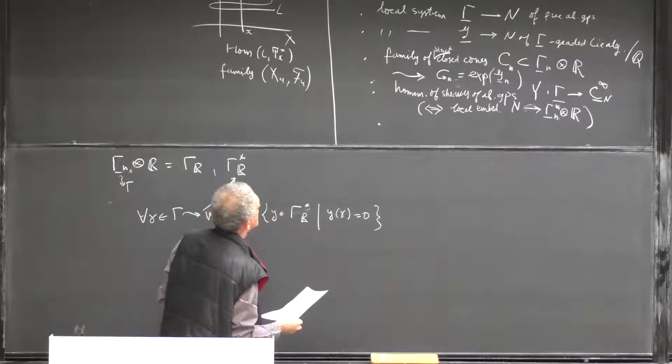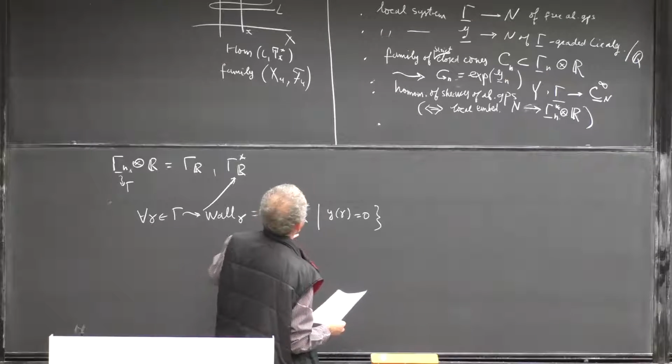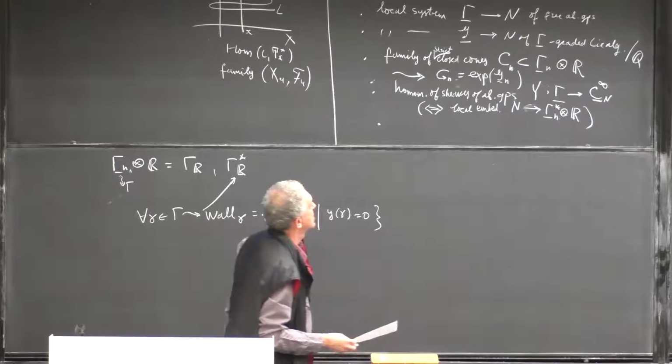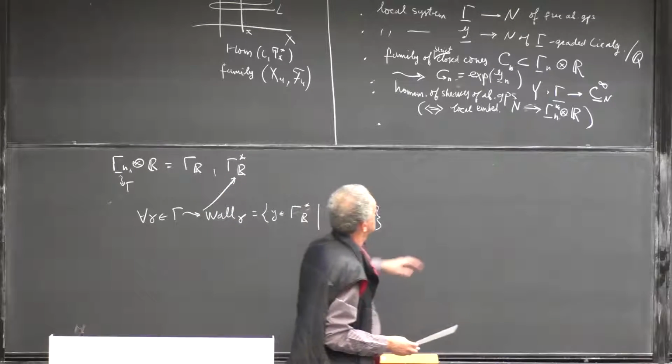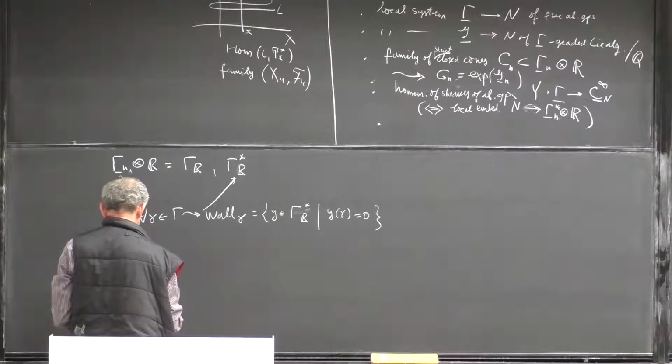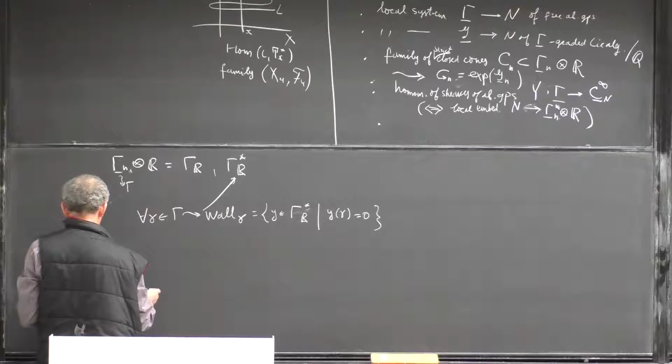Then this local embedding gives us a collection of walls on N.